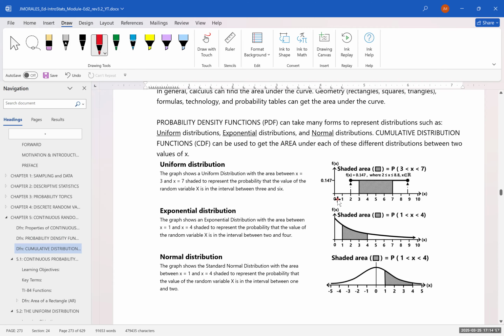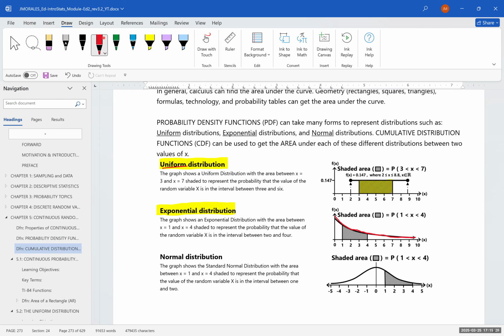So in this section, we're going to be looking at uniform distributions, and we're going to be calculating the area under uniform distributions, which take the shape of a rectangle. But you could easily also calculate the area underneath an exponential distribution. So what makes this an exponential distribution is the distribution is defined by this exponential curve.